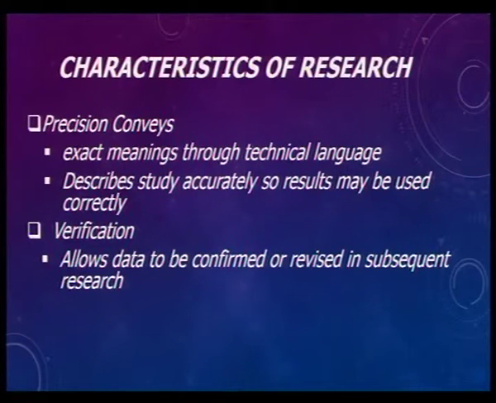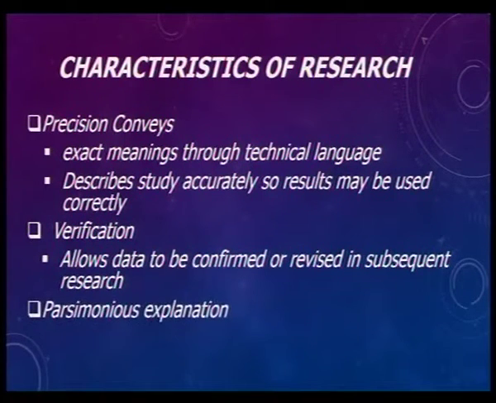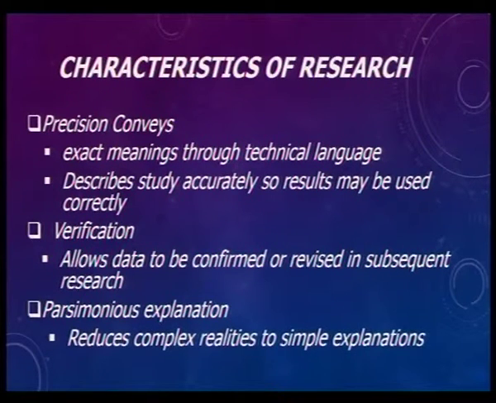So that is one of the characteristics, verification. And also parsimonious explanation, which means reducing complex reality to simple explanation. You know that the information you collect is huge and complex, so you have to reduce it, analyze it, and make it simple for other people to understand.